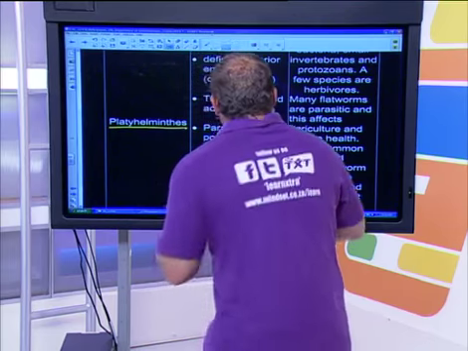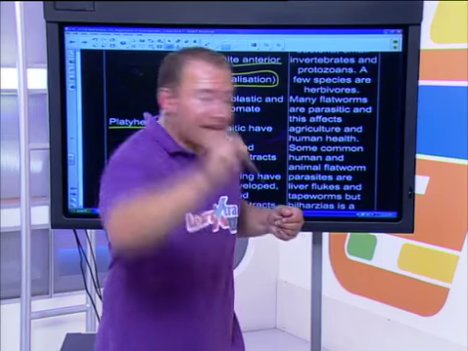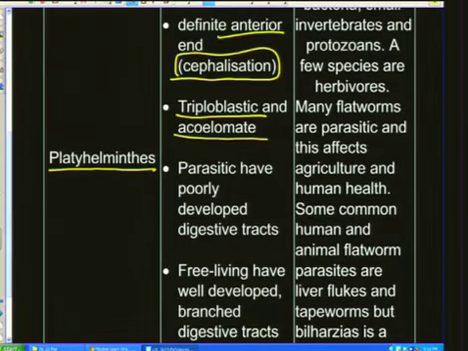Right, here we go. First of all, they have an anterior and a posterior end. That's the first thing. A defined anterior end, which means it goes through cephalization, which you still need to help Looney with. Next, they are triploblastic and acoelomate. Then some are parasitic and have poorly developed digestive systems.